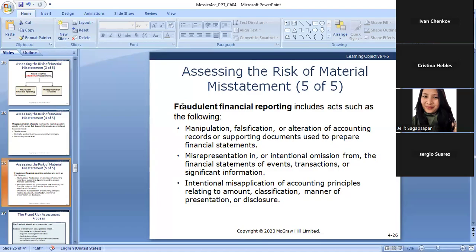Because the check is in her name, she's supposed to get the cash from the bank and put it in the company safe petty cash deposit box. Instead, she was depositing the check directly in her bank account without getting the cash.